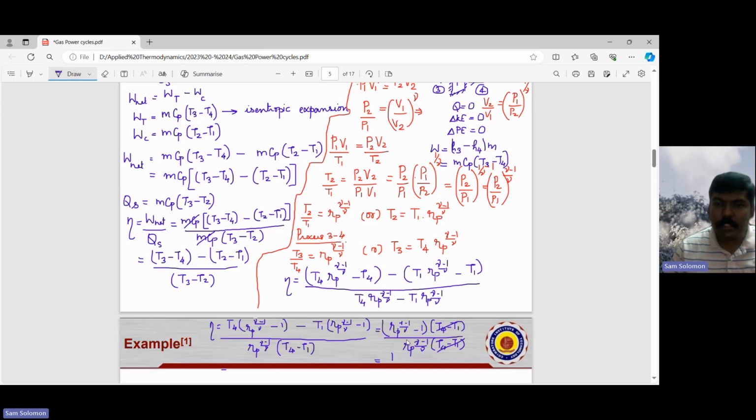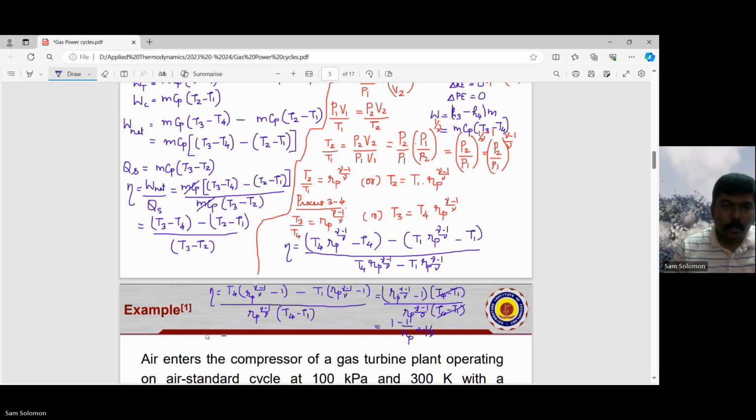Rp to the power (gamma minus 1) by gamma by Rp to the power (gamma minus 1) by gamma is 1. Okay, so 1 minus 1 by Rp to the power (gamma minus 1) by gamma. So that is what we have as efficiency for the Brayton cycle. If you want me to write it a little lower for visibility's sake, efficiency is 1 minus 1 by Rp to the power (gamma minus 1) by gamma.